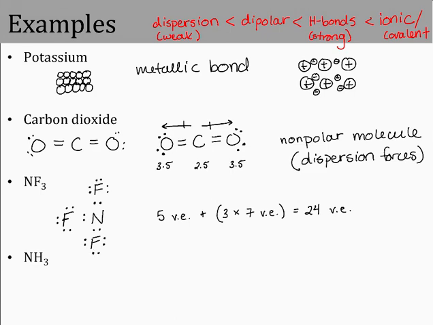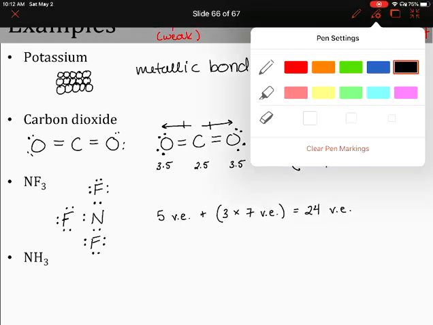Okay, so we've got NF3. Let's count how many electrons we've used up. 2, 4, 6, 8, 10, 12, 14, 16, 18, 20, 22. Oh, wait. Oh, we have 26 electrons. I made a mistake.